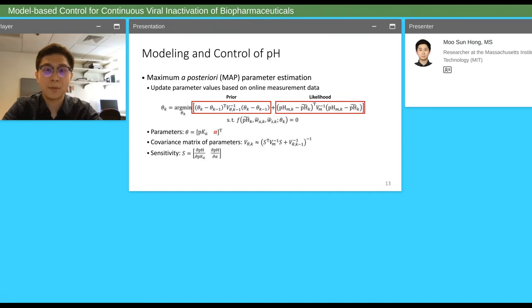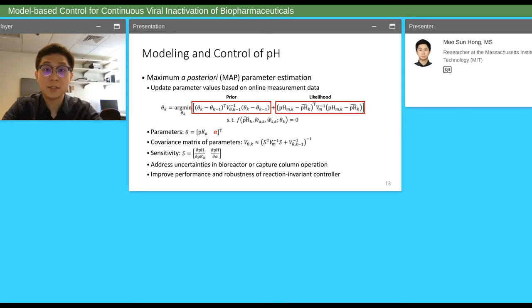Estimated model parameters were acid dissociation constants and also this term alpha. Alpha was used as a multiplicative factor for correcting reaction invariants to deal with flow bias in the feed. Covariance of the posterior distribution was also updated at each time point with the sensitivities of pH with respect to the estimated parameters.